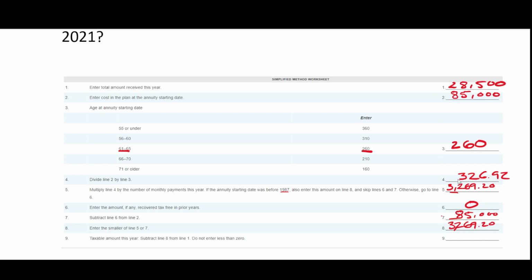And then the taxable amount this year is going to be to subtract line 8 from line 1. Line 1 is the full $28,500 he received on his 1099-R.